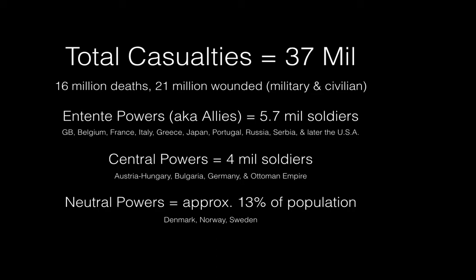There are total casualties of 37 million people. For example, 16 million deaths and 21 million wounded, both military and civilian. Your Allied Powers are also known as the Entente Powers. They lost 5.7 million soldiers. You should know, write these down if you don't have them, who the Allied Powers were.